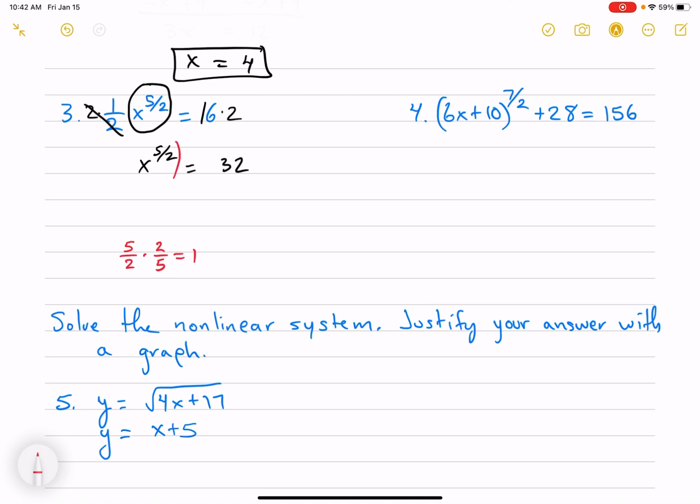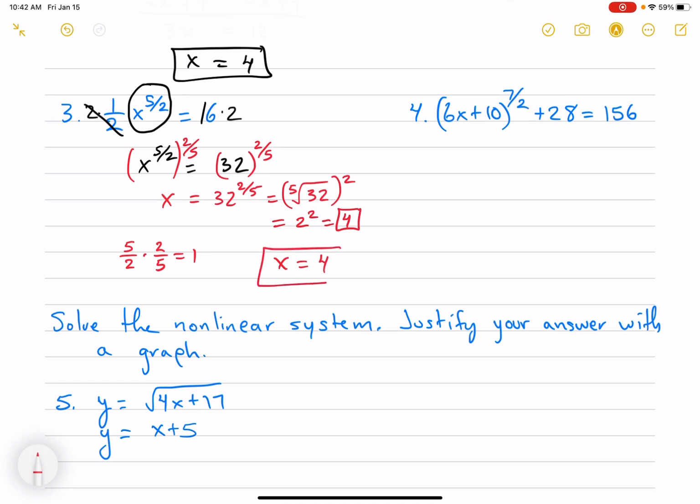So when I raise this to the power of 2/5 and raise the other side to the power of 2/5, on the left side we just get an x, and 32 to the 2/5 is the same thing as the 5th root of 32 to the second power, which is 2 squared, which turns out the answer is 4. And that's how we do that.